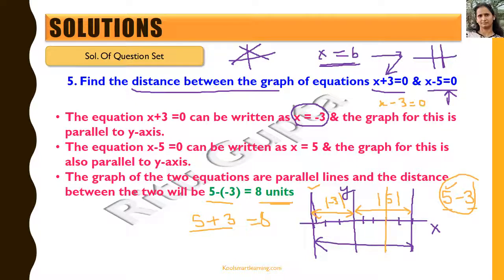So this will be the distance between the line x minus 3 equal to 0 and x minus 5 equal to 0. But when we have the two graphs on the opposite side of the y-axis, we add the distances, which we get as 8 units here.